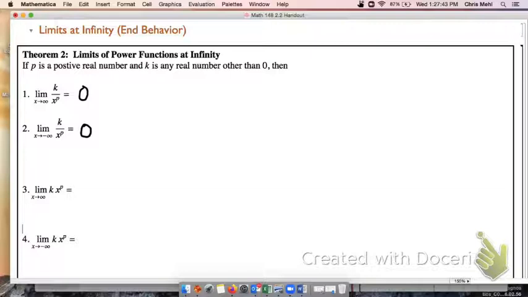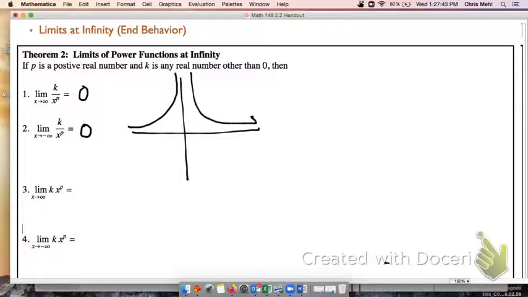In terms of graphically, there are two possibilities for the graph of k over x to the p. So if p is an even power, for instance, this is just an example, this would be 1 over x squared.